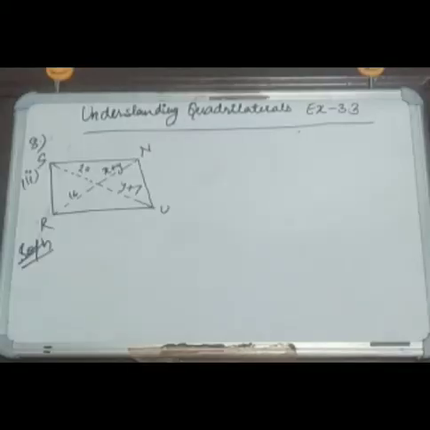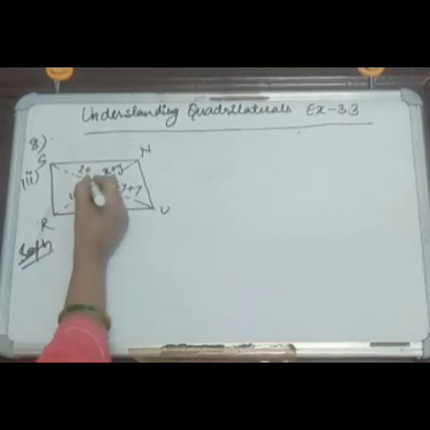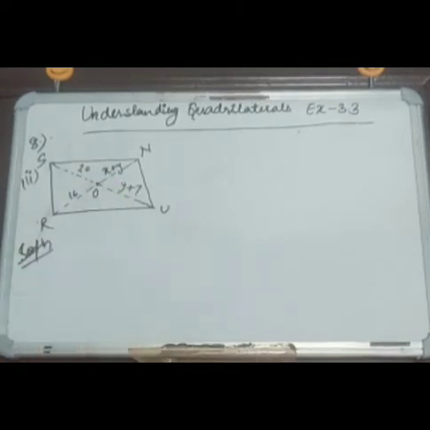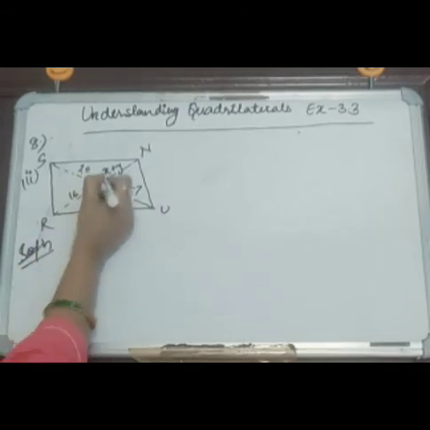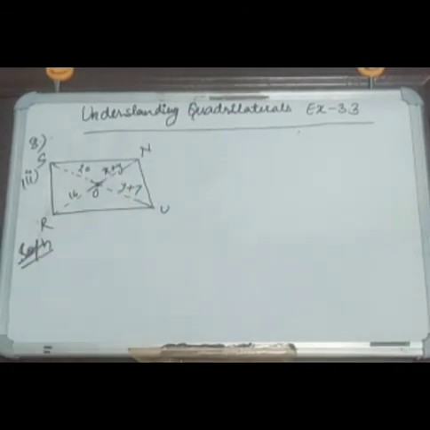Now children, question number 8, second part I am taking, and the question is: this RUNS is a parallelogram. Find the value of x and y. Lengths are in centimeters. Now see here, again we will use the properties of a parallelogram. Name the intersection point of these two diagonals as O. One property we know is that diagonals of a parallelogram bisect each other.